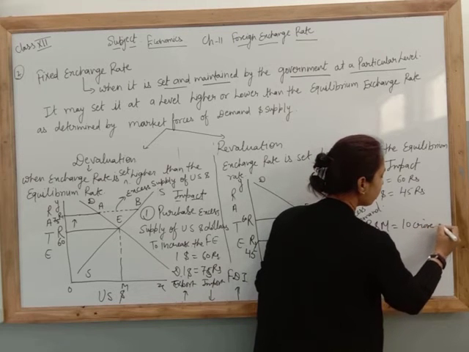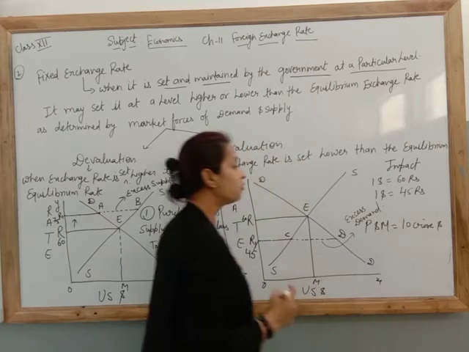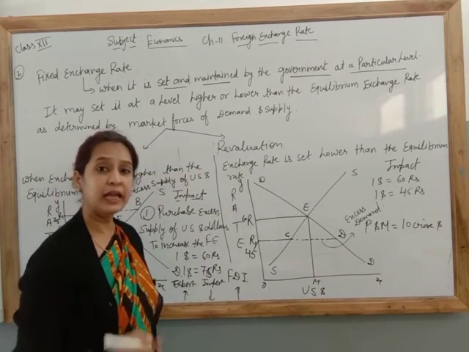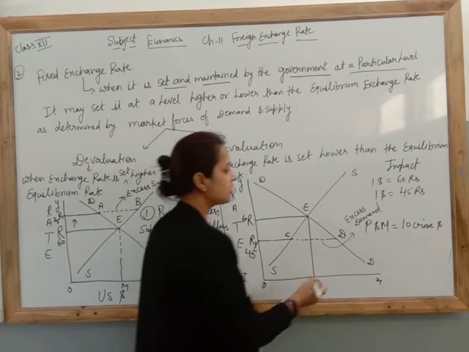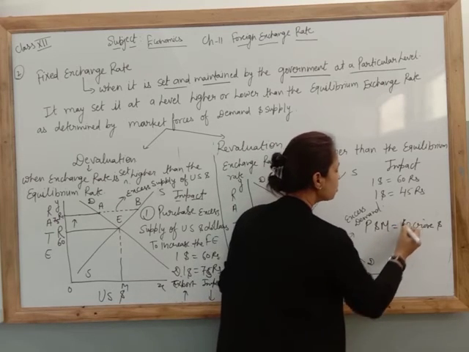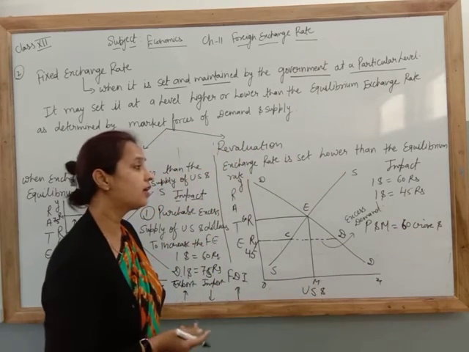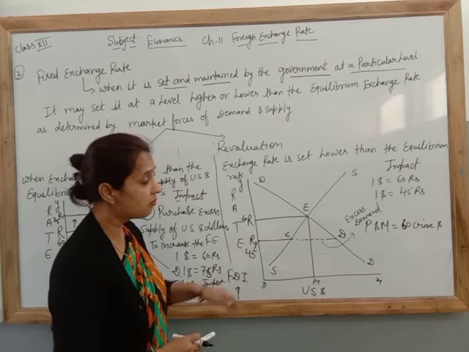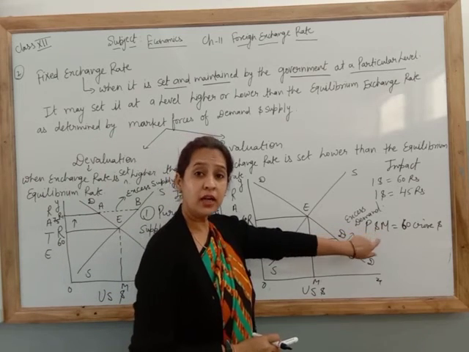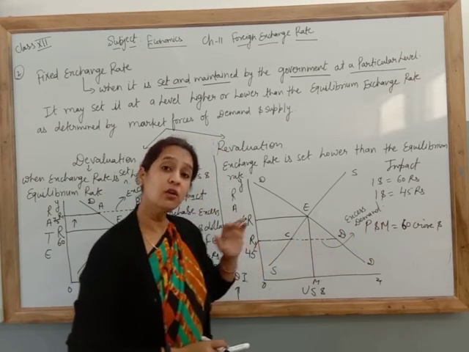Clear? Now the government wants to pay a lesser amount. Earlier the government had to pay 60 crore, but the government wants to import that plant and machinery at a lower rate.